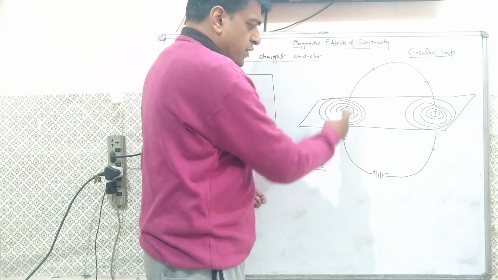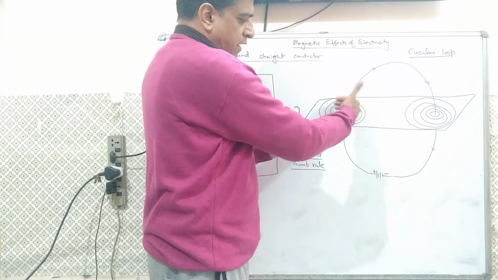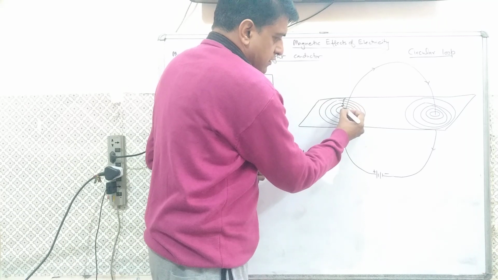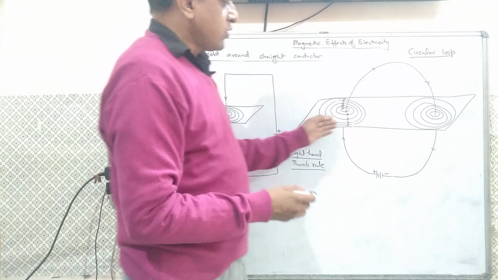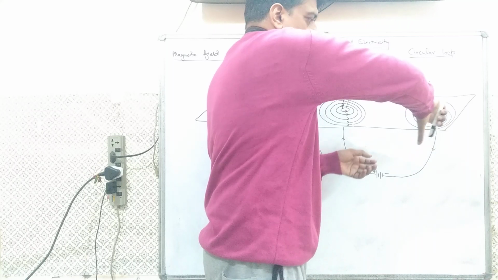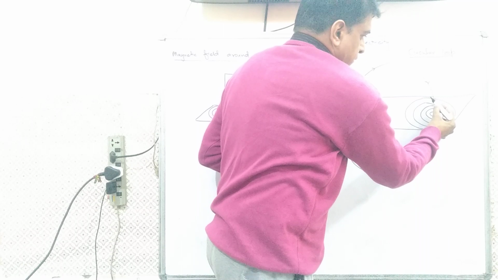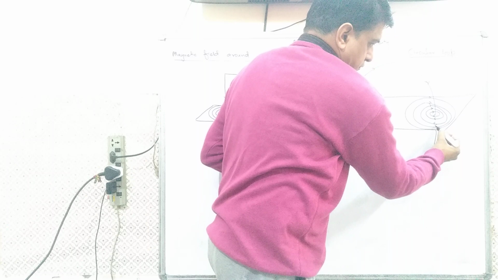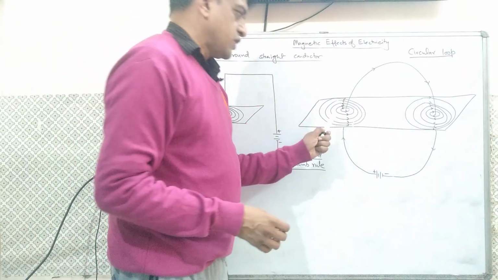In the first case, the direction of current is upward, so the magnetic field is in the anti-clockwise direction like this. On the other side, the direction of current is downward, so the magnetic field is in the clockwise manner. In this way, you can find the direction of the magnetic field.